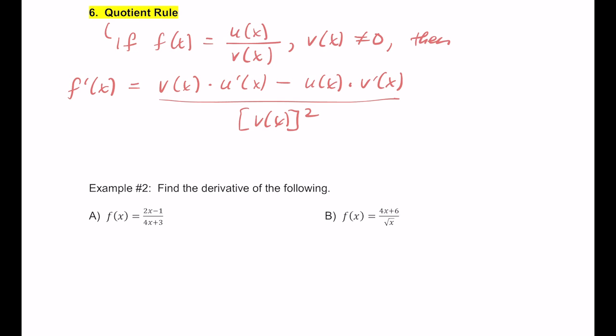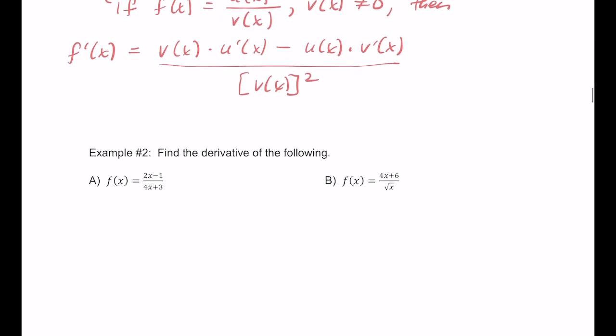So it's basically the denominator times the derivative of the numerator, minus the numerator times the derivative of the denominator, over the denominator squared.